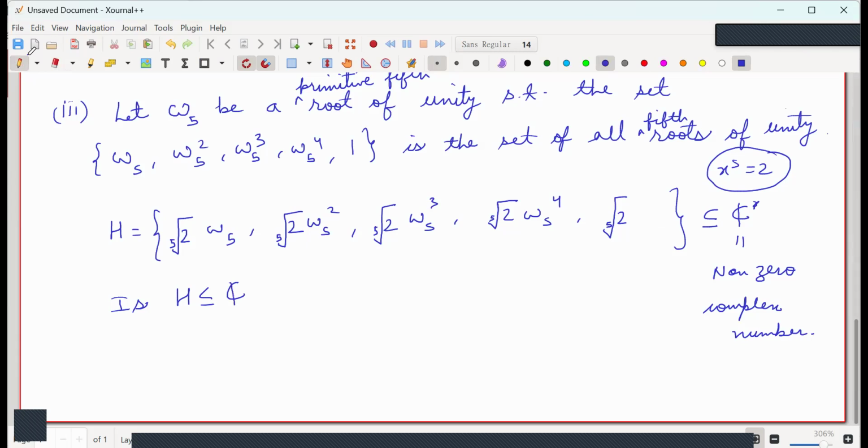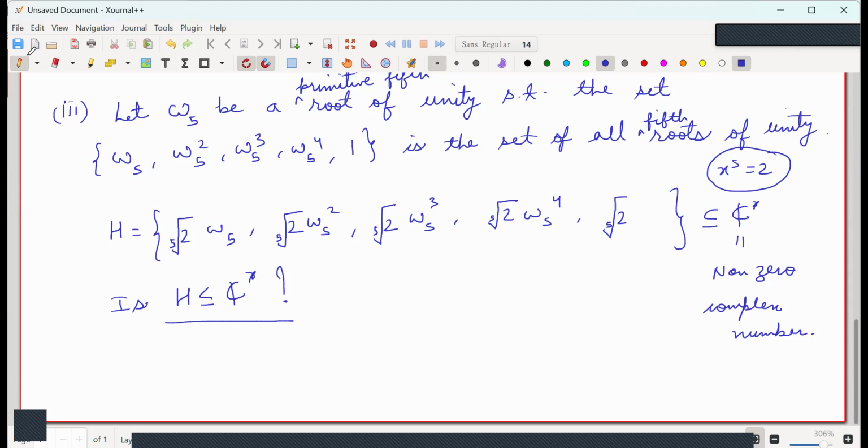So is it a subgroup of C star? The identity element of C star is 1, but H does not contain 1.